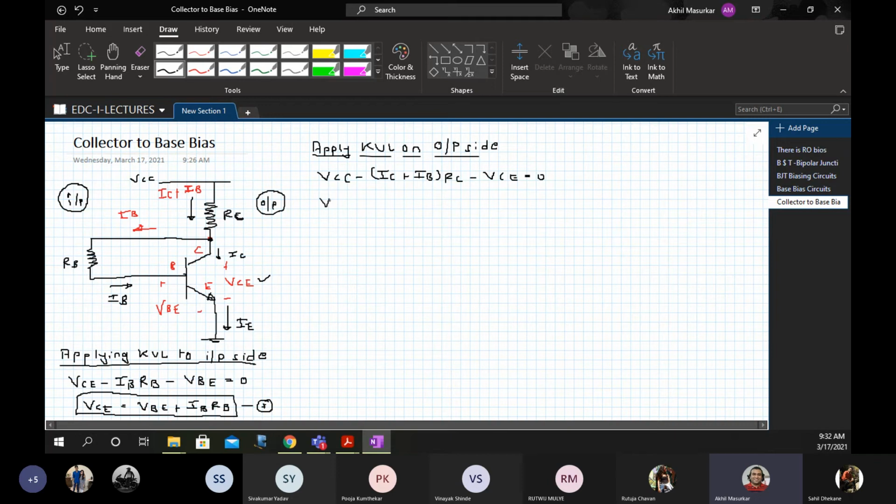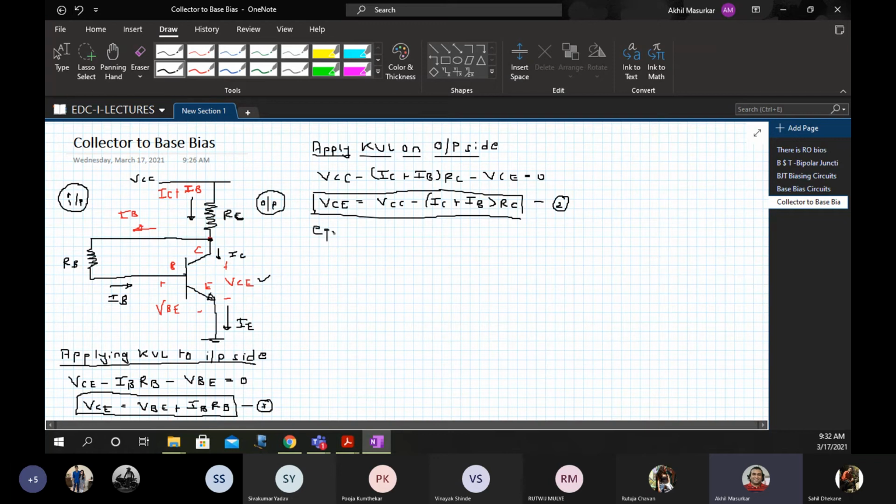So we can write VCE equal to VCC minus (IC plus IB) into RC. So this is equation 1, and this other one we can take as equation number 2, and you can see that the LHS of equations 1 and 2 is the same.